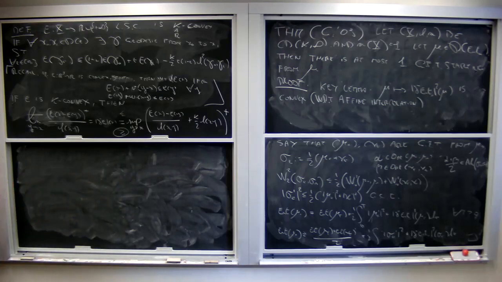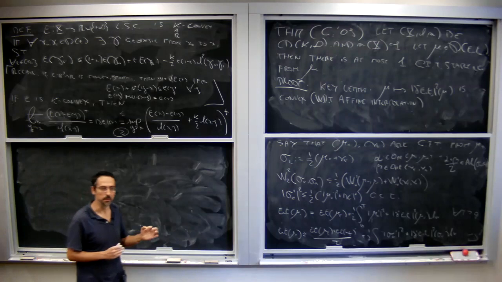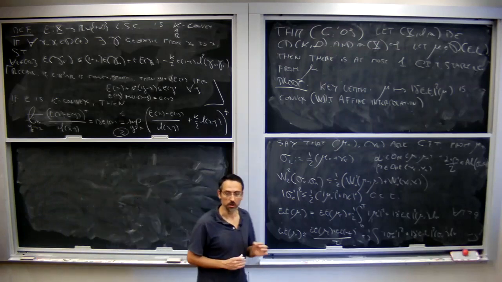Okay. Stability. Now, first a remark. Of course, the equation of gradient flow is a first order equation. You cannot expect solutions to this equation to be stable under a zeroth order convergence. No?